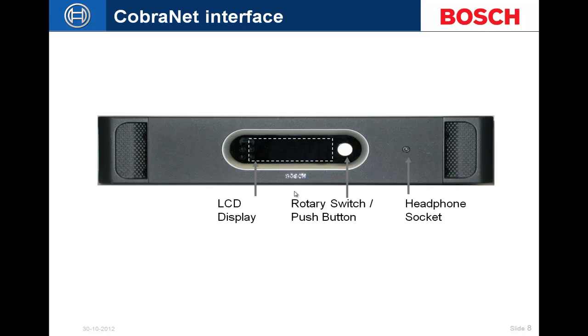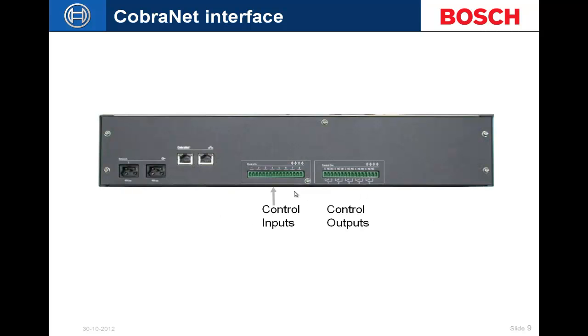The headphone socket can be used to monitor the 4 CobraNet inputs and our 4 CobraNet outputs. No front mounted speaker on the unit, but we can monitor that input and output. Control inputs and control outputs are located on the device. I've got 8 control inputs, each a supervised control input, which is an available option that can be enabled, and 5 control outputs, which are freely programmable.